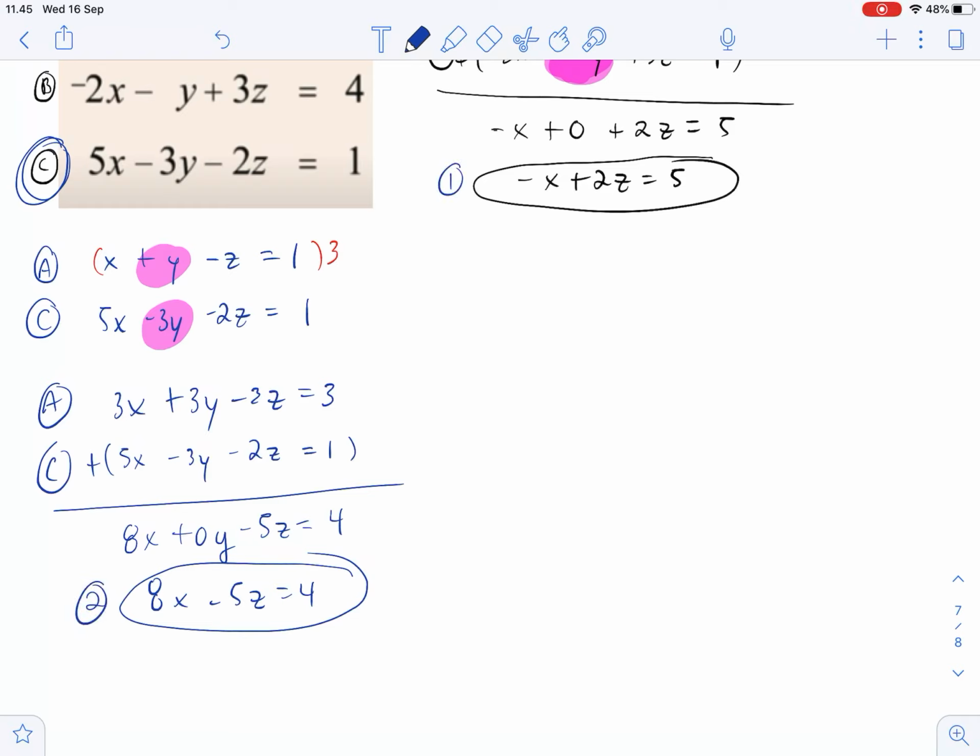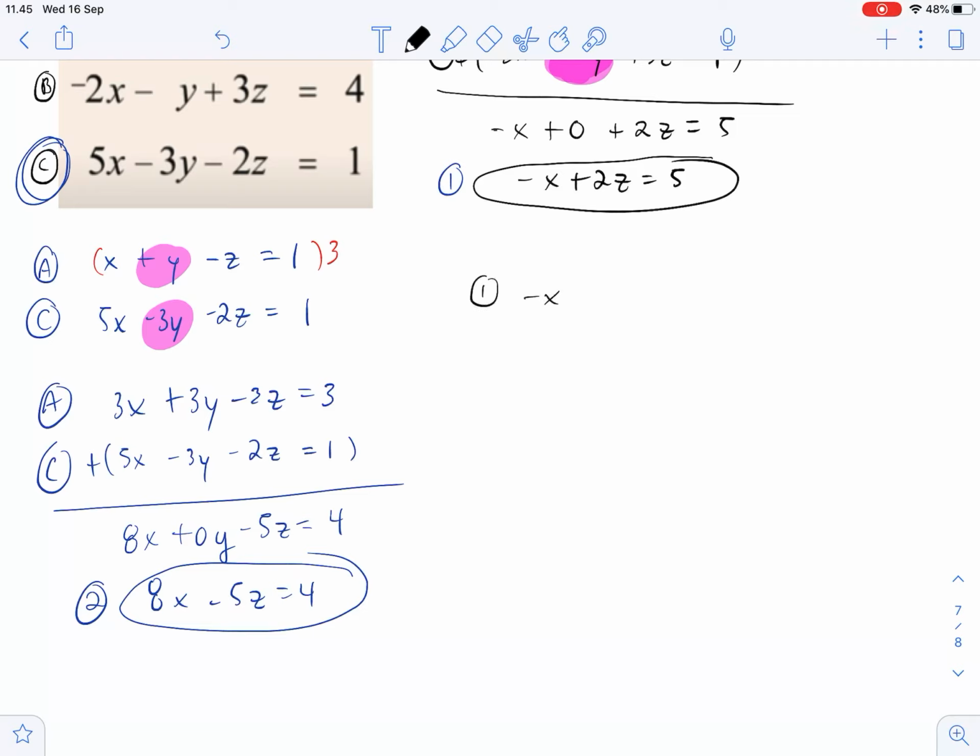We'll call that one equation 1 and this one equation 2. Now you'll see here that I have two equations with two variables. I can recall what I know about the system of two equations with two variables, and I can solve for one of the variables.